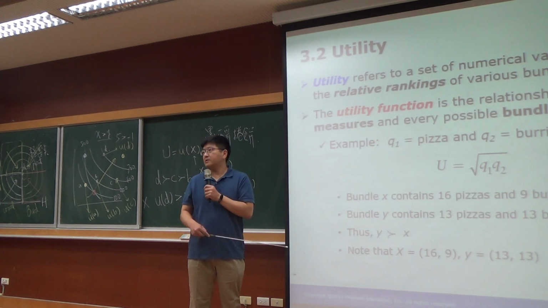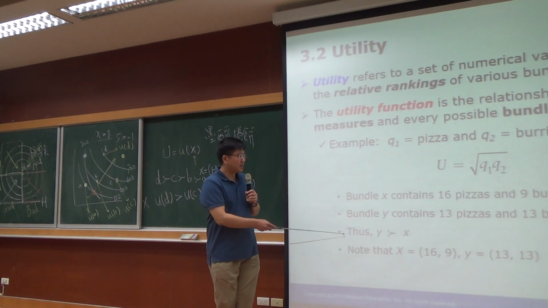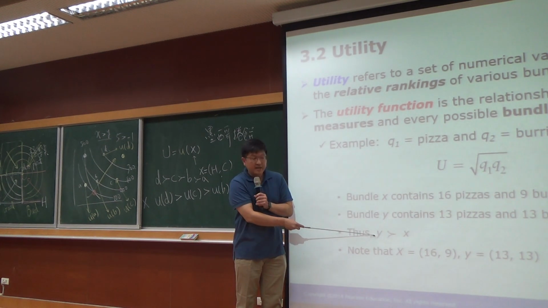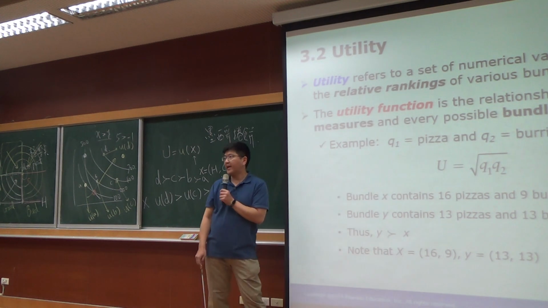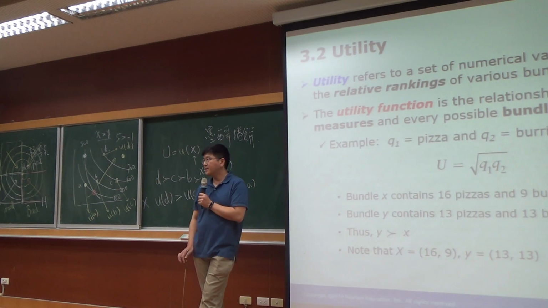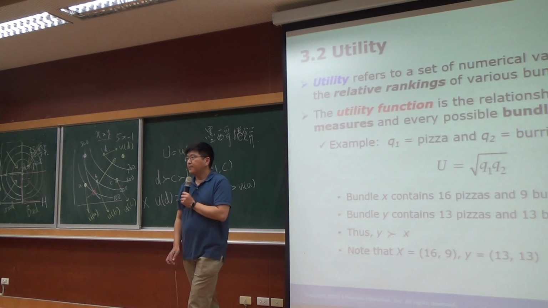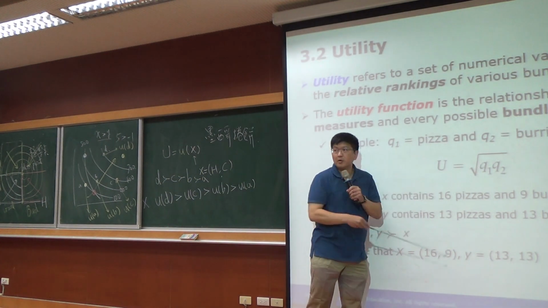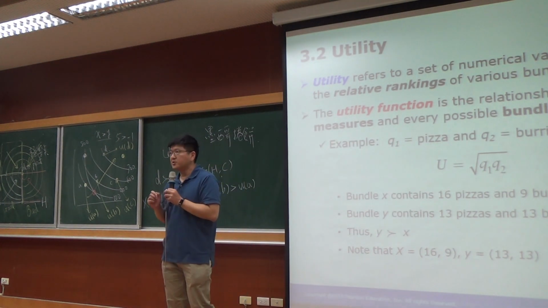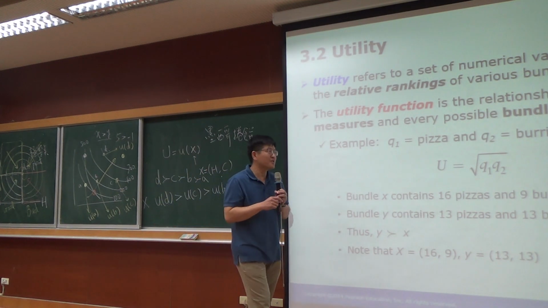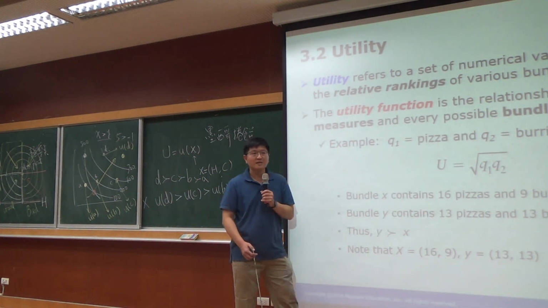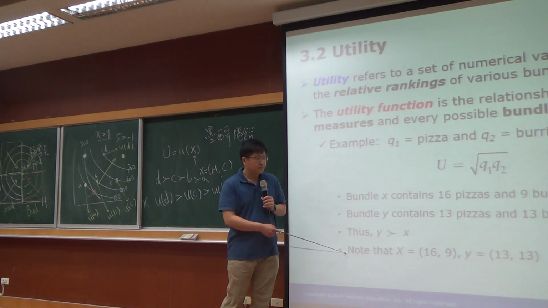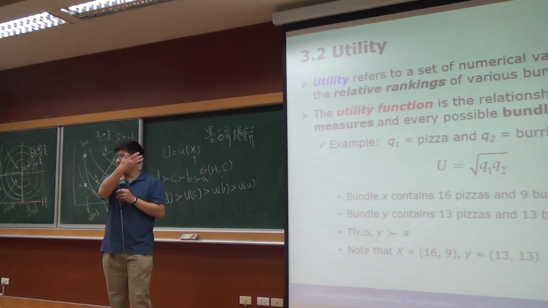Since 13 is greater than 12, we may infer that bundle Y is strictly preferred to bundle X. But you must notice that this is just an example of a utility function. Not all utility functions look like this. Is that clear on the slide?